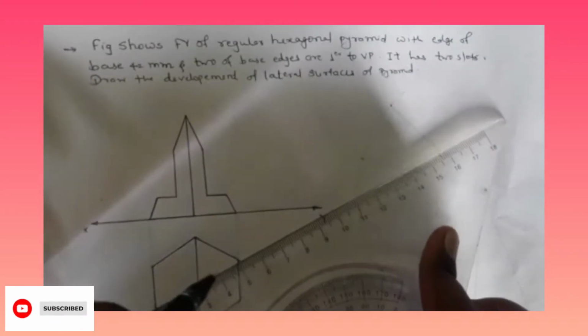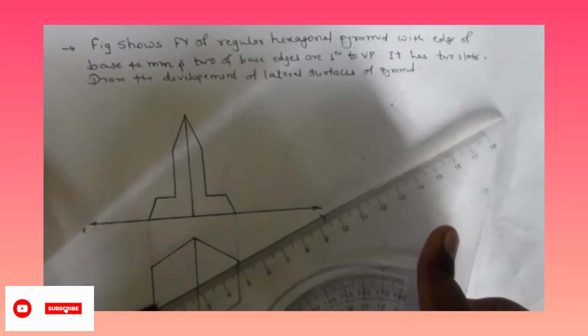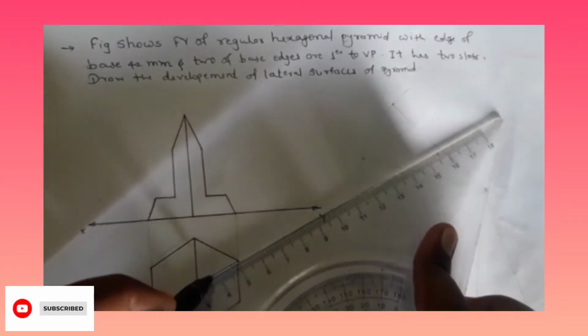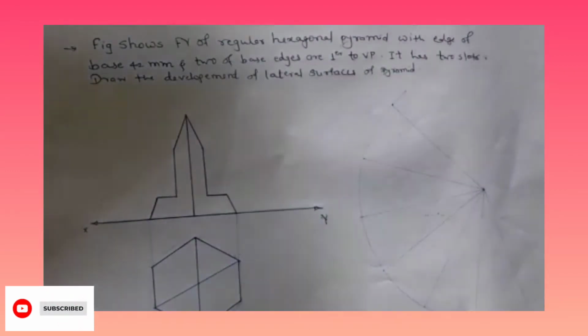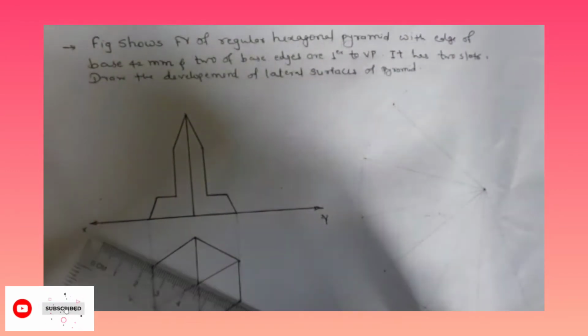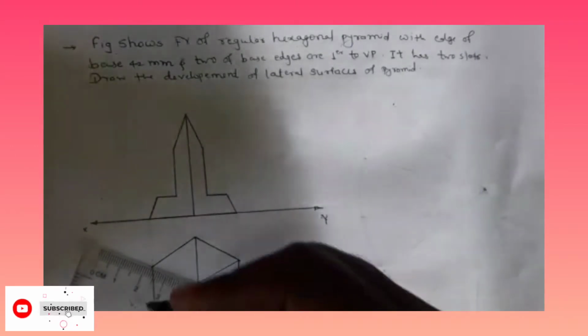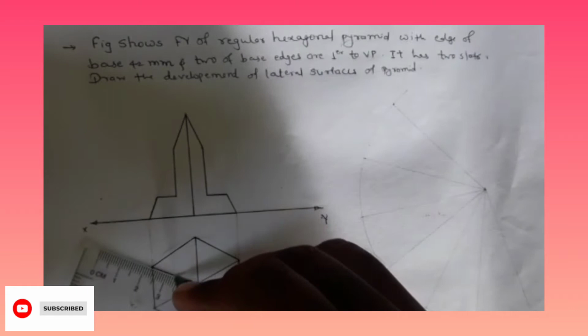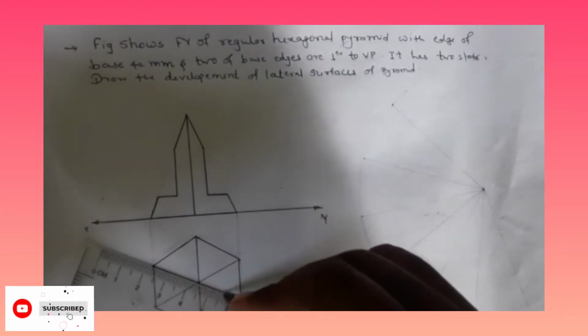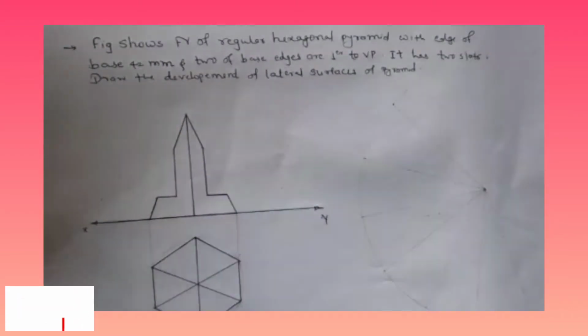These are the lateral edges which we are able to see from the top view, that means they will be visible, so they will be dark. So we have to make these edges dark, like this.